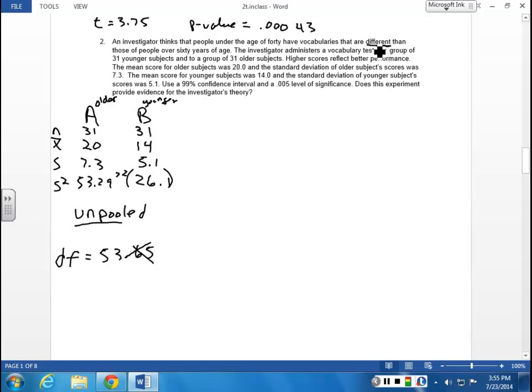We're looking at whether or not there's a difference. So H0 and HA: mu A equal to mu B, or mu A minus mu B is equal to 0. Mu A not equal to mu B. In other words, this is going to be a two-tailed test.